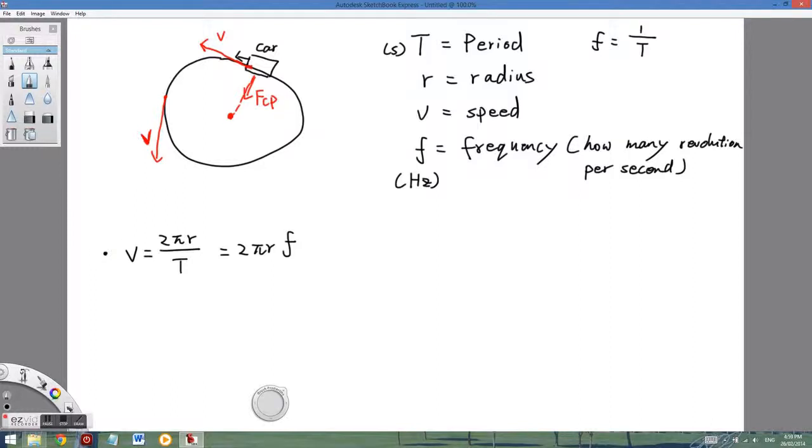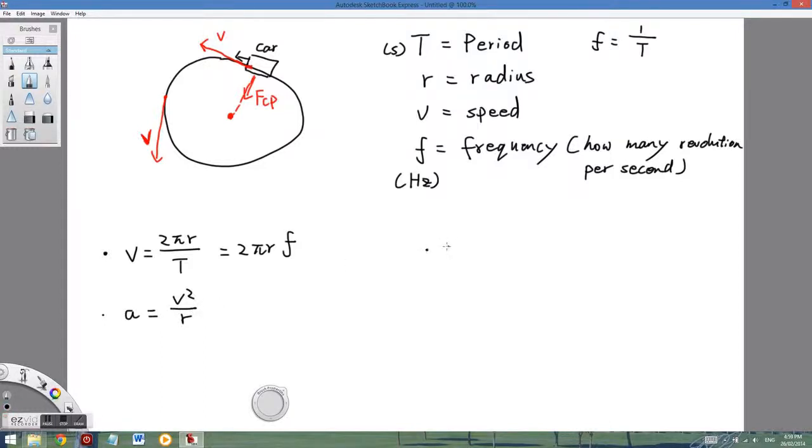But the most useful equation you're going to use will be the centripetal acceleration. The acceleration will be v squared divided by r.